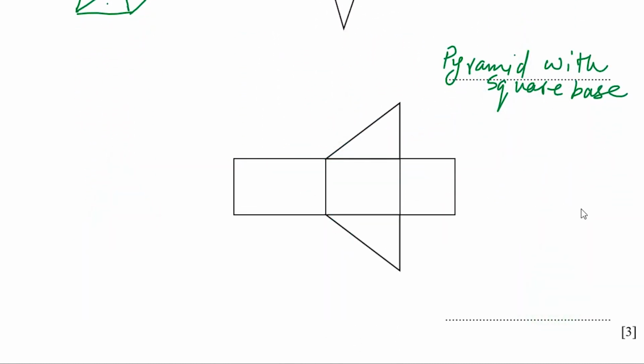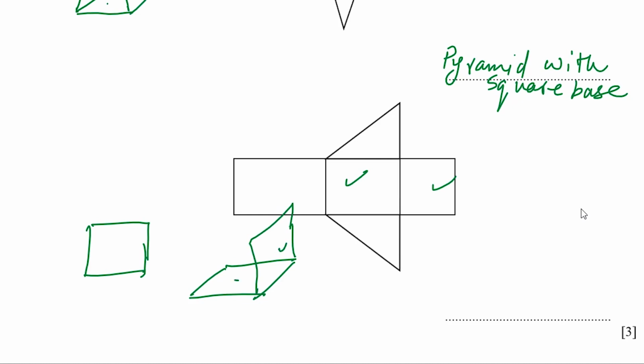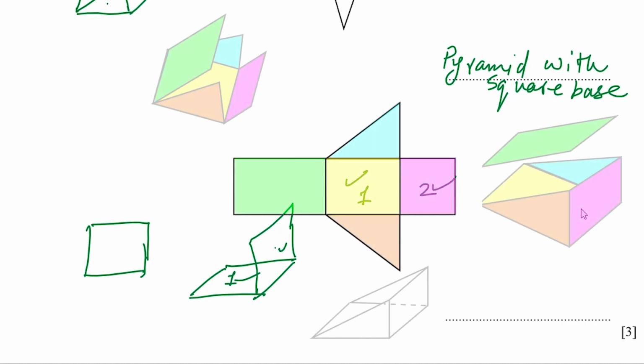What shape would it be? This is the base. Base thing is this one, and let me make it like this. If I fold this one, that will become like this. This is 1, 2, 1, 2. Now, when folded, this third triangle would be like this one. Folded.